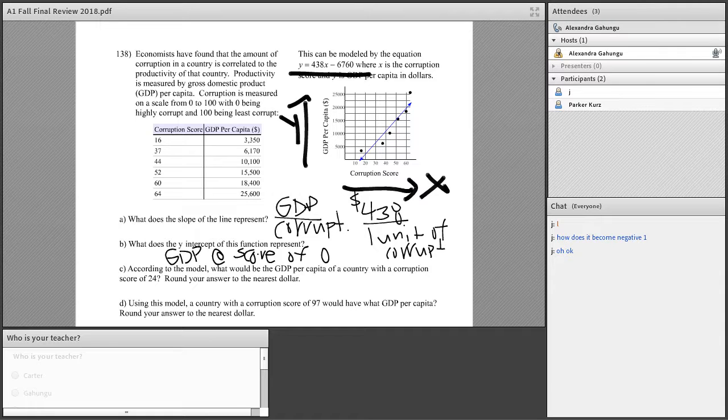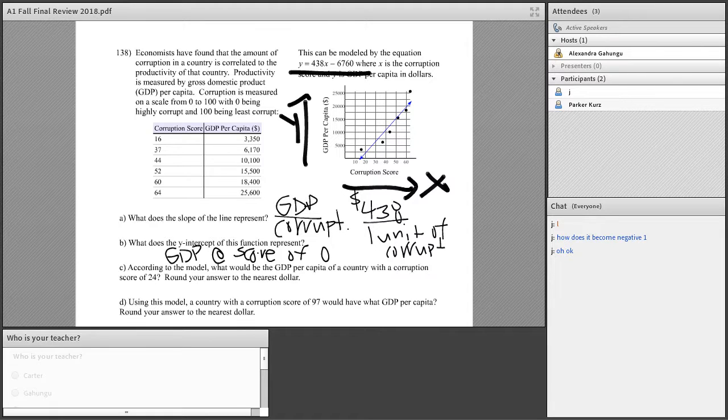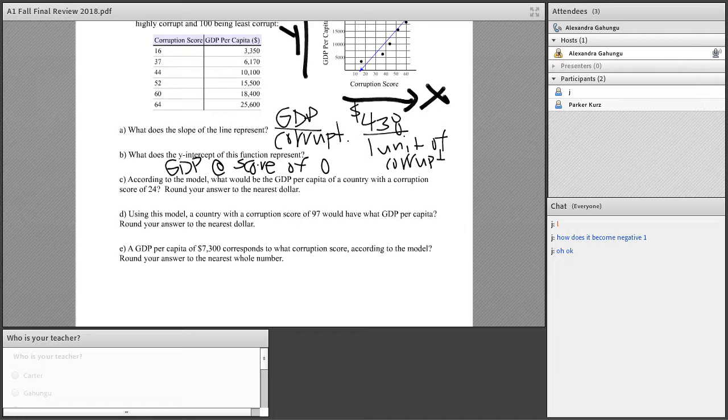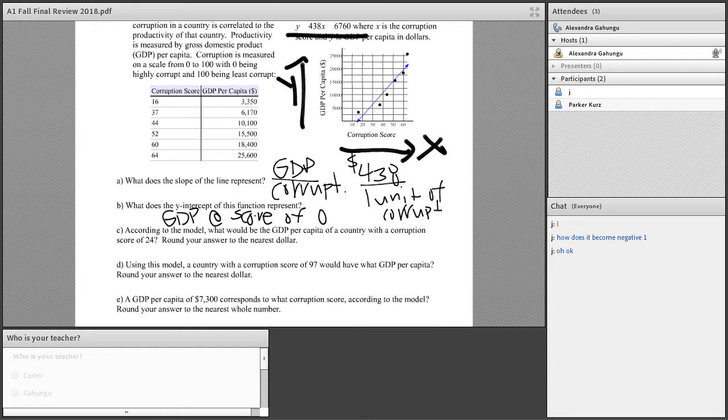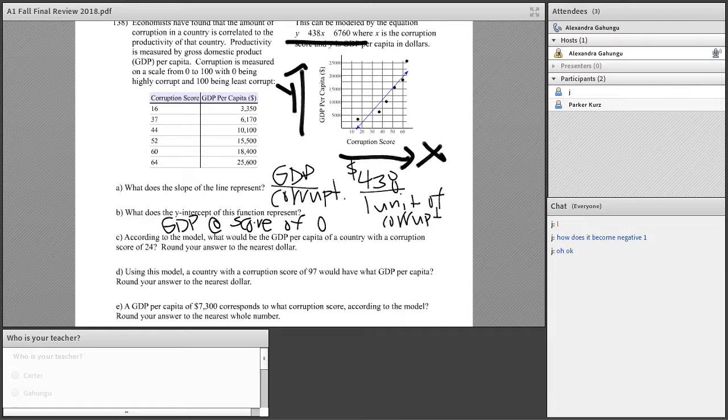Okay, then if we answer the next ones, it just says, according to the model, what would be the GDP per capita of a country with a corruption score of 24? So we can estimate that because we have an actual equation. We have that y is equal to 438x minus 6,767.